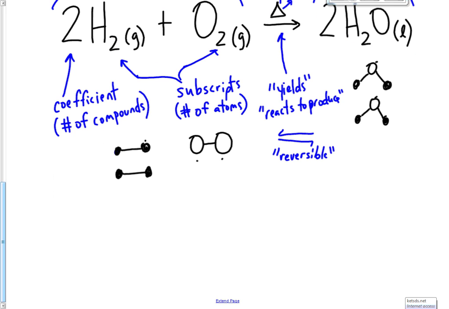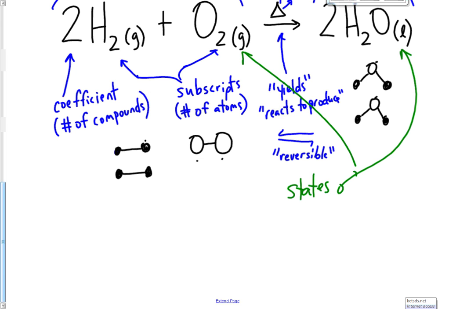So the last thing, we'll do this in a different color so we can get a little bit more colorful, I guess. The lowercase l, lowercase g, those are states of matter. G equals a gas.